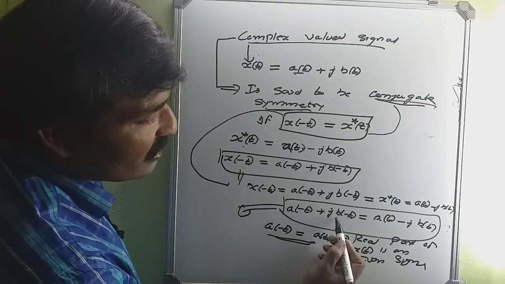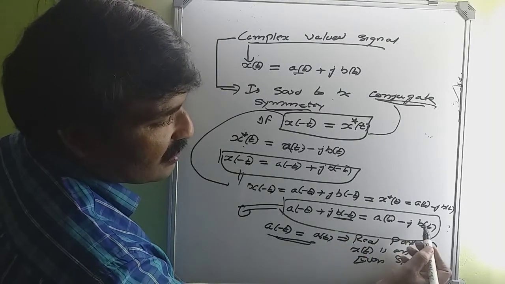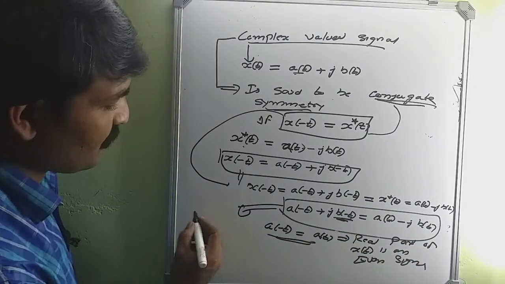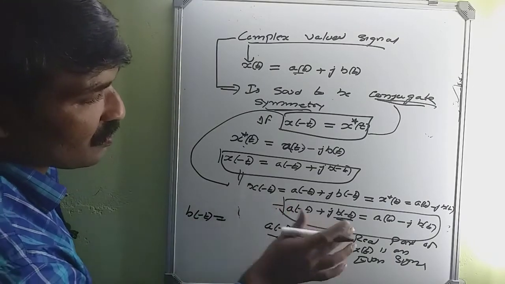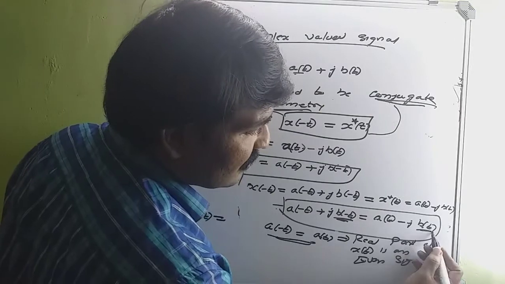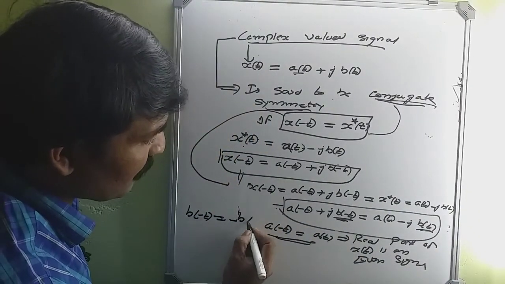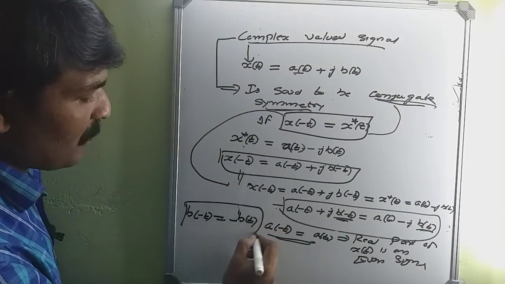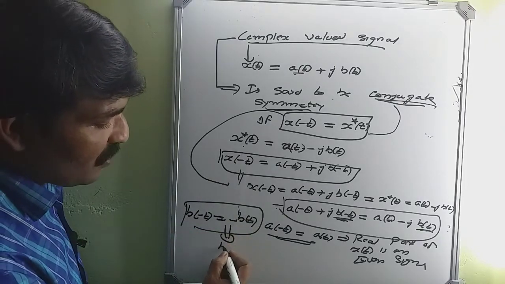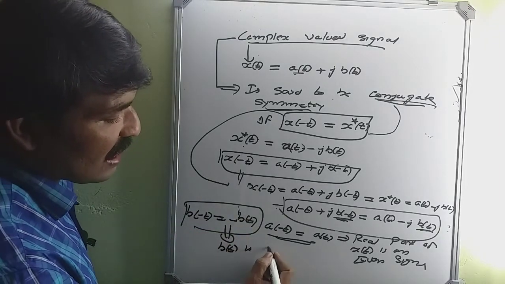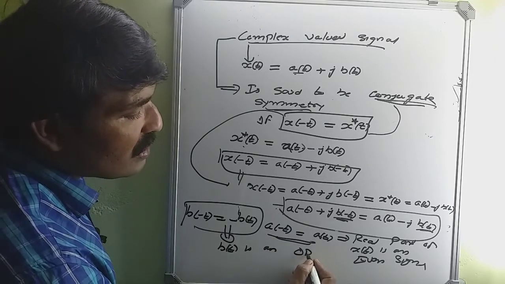Now, equate the imaginary part. Here the imaginary part is b of minus t, which is equal to minus b of t on the right-hand side. So b of minus t is equal to minus b of t, which implies b of t is an odd signal.